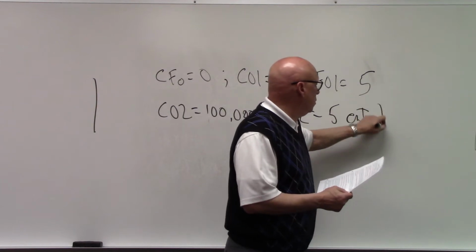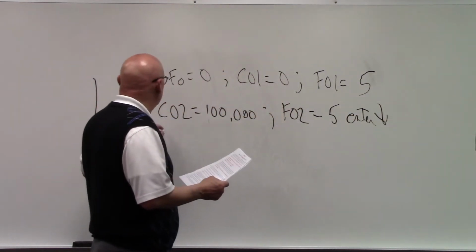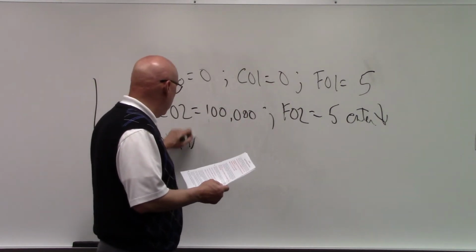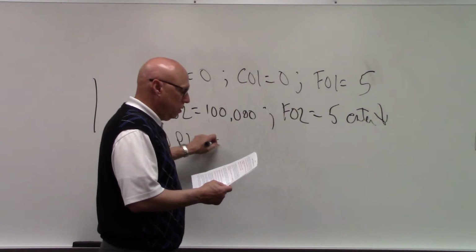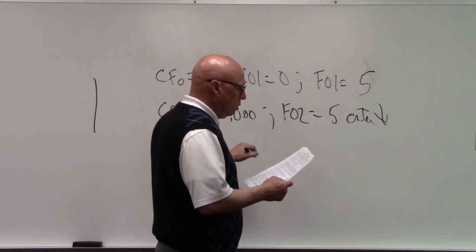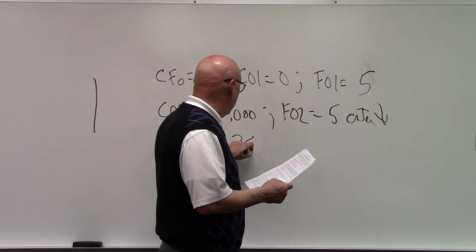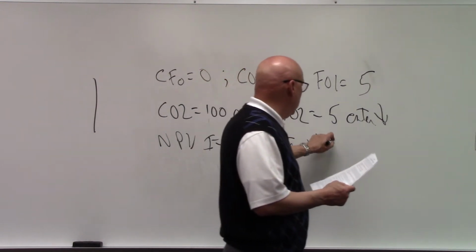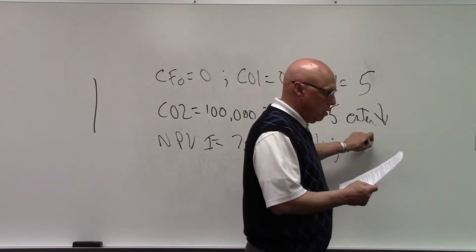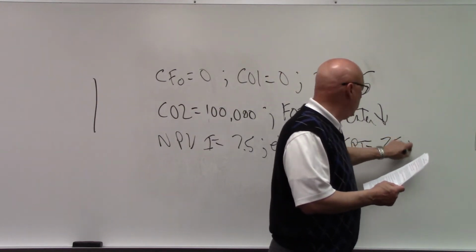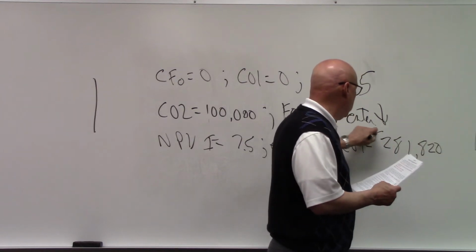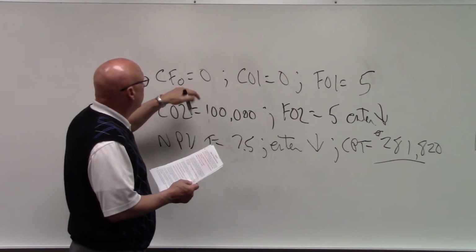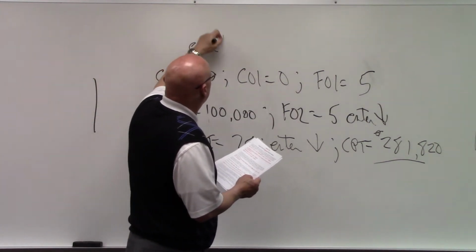Enter, down arrow. And we've entered all the cash flows. NPV, I equals 7.5. Enter, down arrow, and compute, and we come up with $281,820.